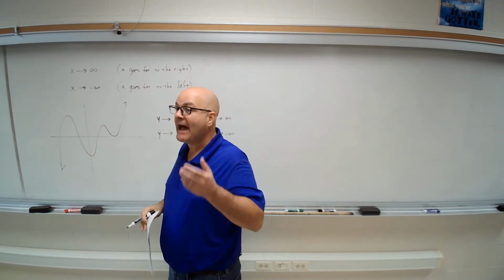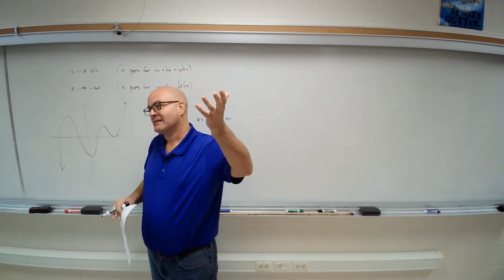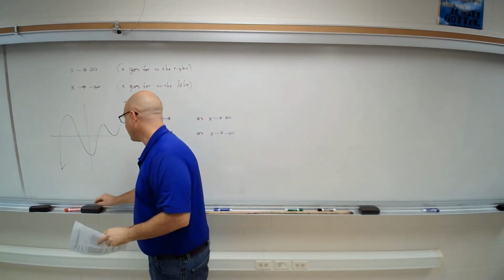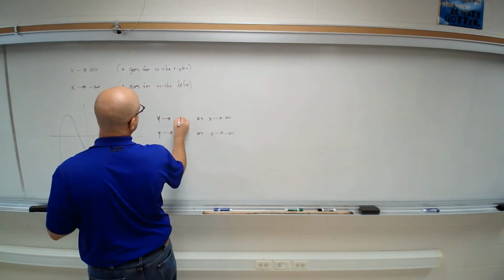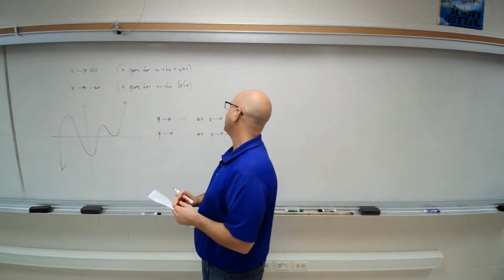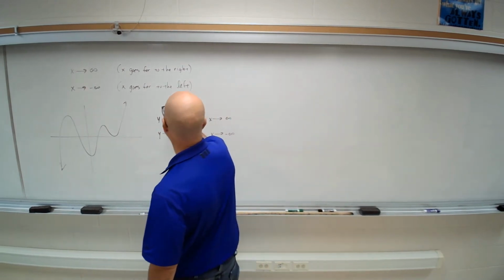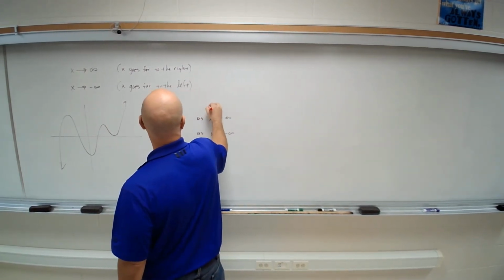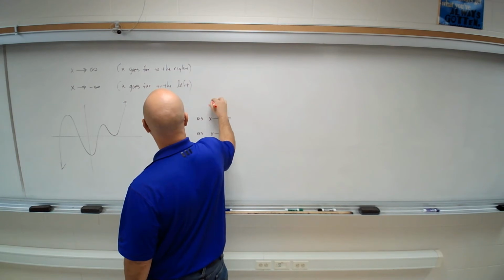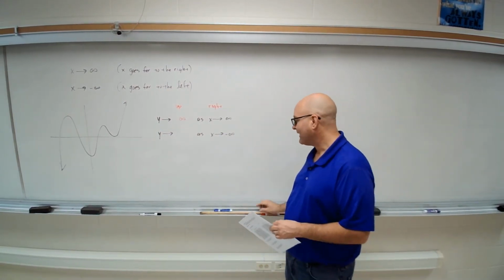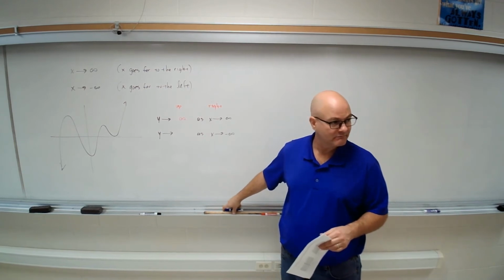Well, for up and down, we still use positive infinity and negative infinity, up being positive infinity. So for this one, we would say y approaches infinity as x approaches infinity. So again, that means it goes up as we go to the right. That's all that's saying. It's a mathematical way of saying it goes up as we go to the right.